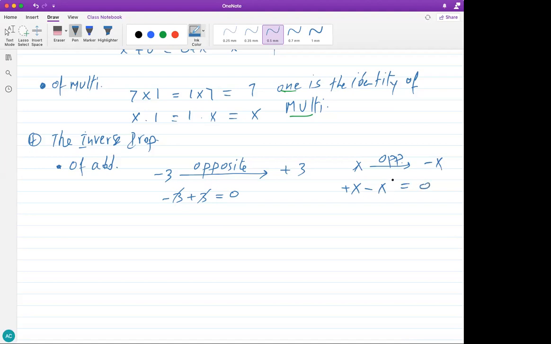So keep that in mind. That's the inverse property of addition. Combining a number and its opposite is basically 0. So whenever you see x and -x in an expression, they don't have to be next to each other directly. You cancel them out.